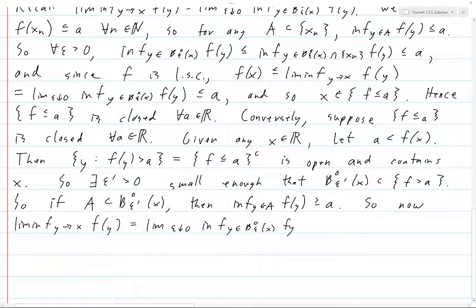But because you're taking epsilon to be smaller and smaller, we can assume that this limit is going to be the same if we take the limit over all epsilon such that epsilon is less than epsilon prime of this infimum over y in the ball of radius epsilon of x of f of y. Forgot to put parentheses here.